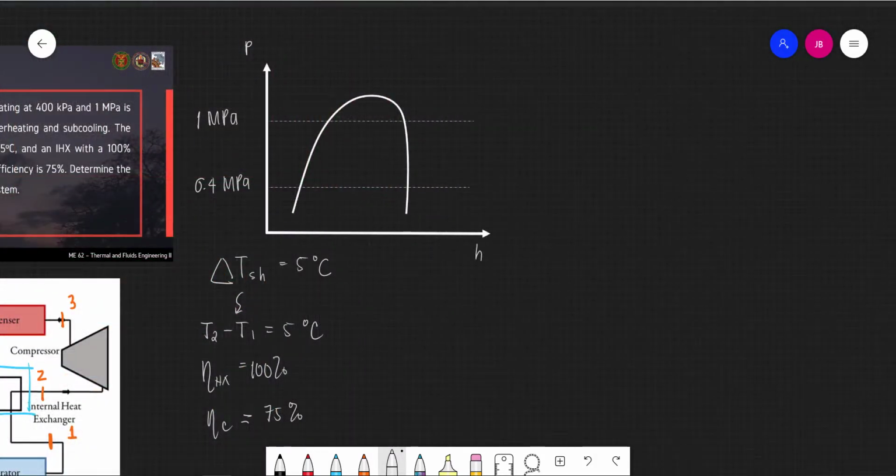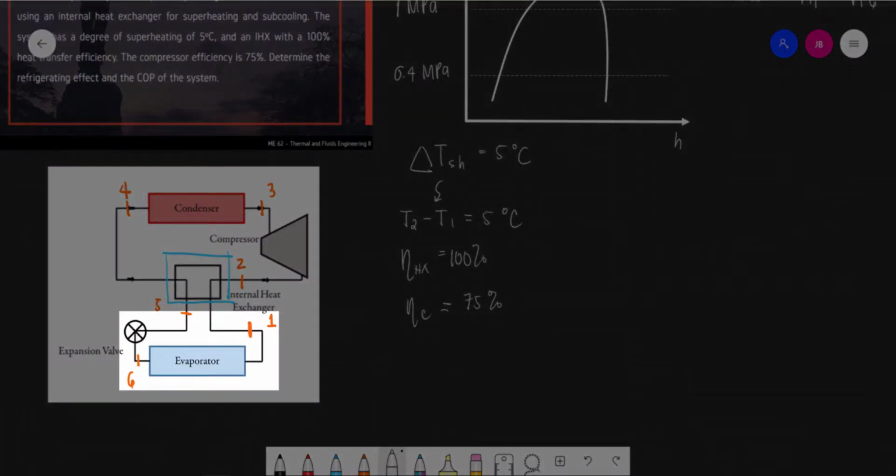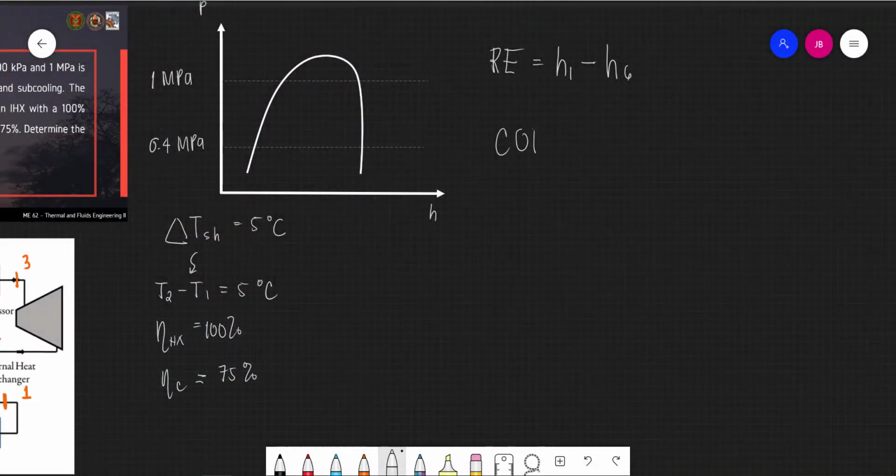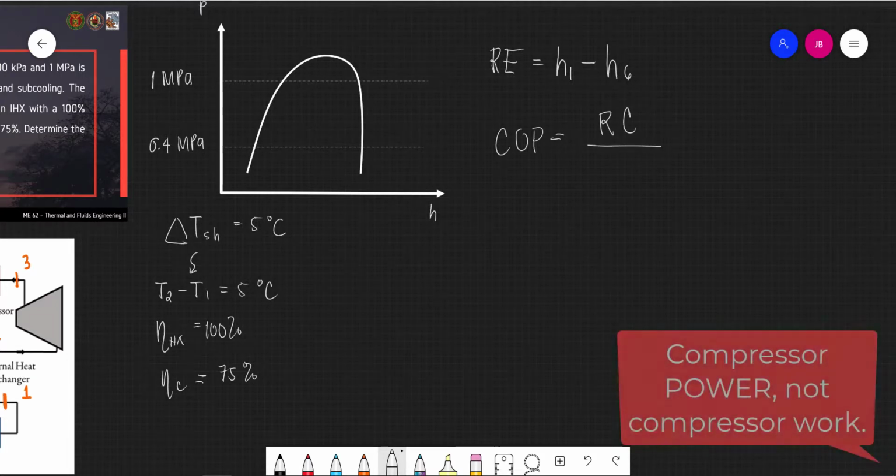So we know that the refrigerating effect is basically given by the change in enthalpy in the evaporator. So we have RE is equal to H1 minus H6 because we have state 1 over here and state 6 over here. And the COP is going to be equal to the refrigerating capacity divided by the compressor work.